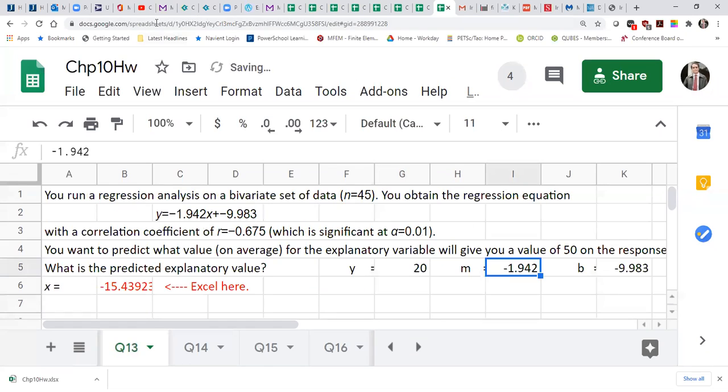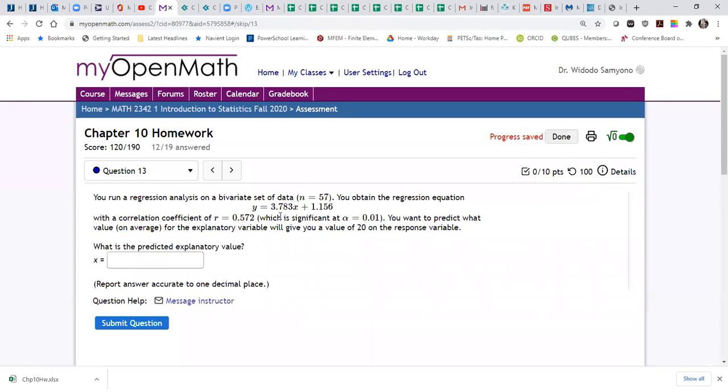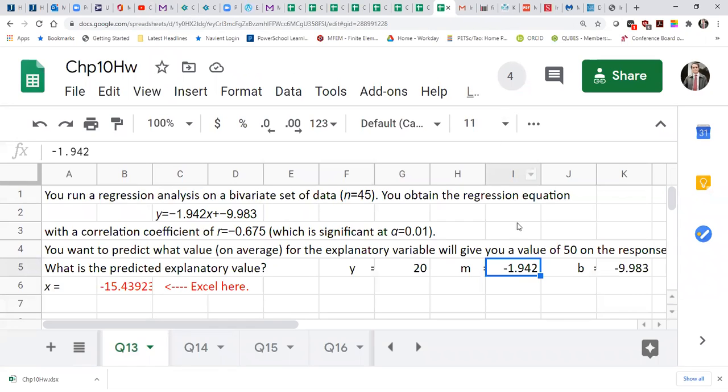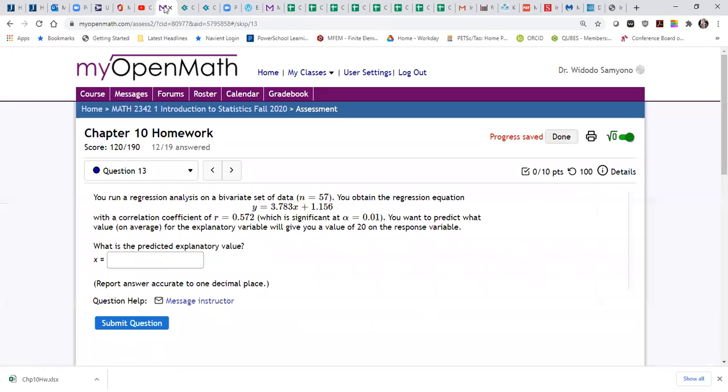The m is the number in front of the x, which is 3.783.